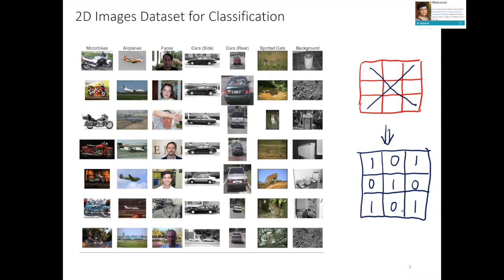So what makes an X? If you think about it, it's really the left cross and right cross. That's what actually makes an X. But if I don't keep this two-dimensional representation, I just represent it as 1, 0, 1, 0, 1, 0.